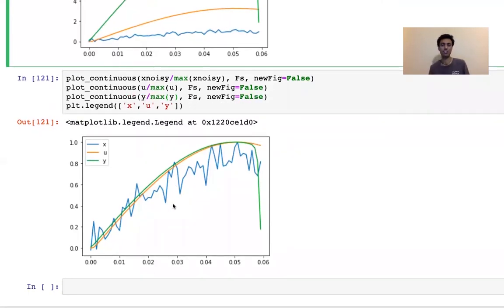So I hope things make more sense now, and the main functions which we used here are mostly from the NumPy library, and in the SciPy library we used lfilter just to implement the filtering part, which is basically just convolution. Okay, that's it. Thank you very much.